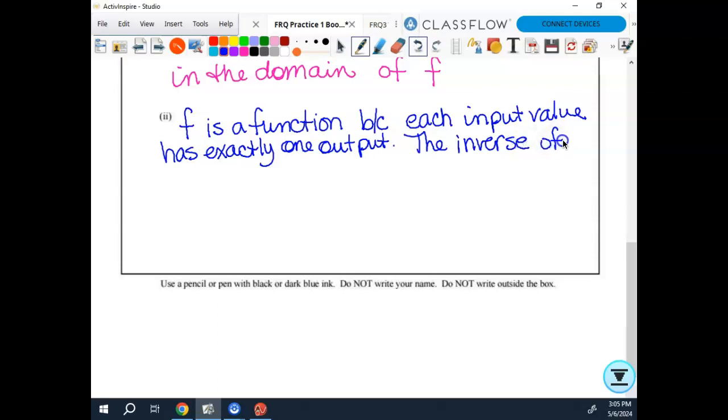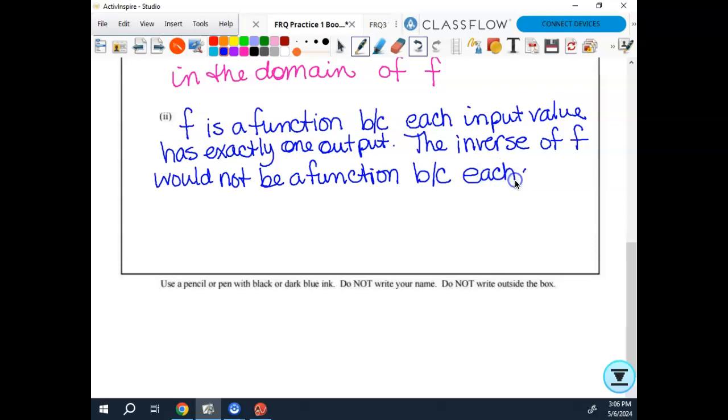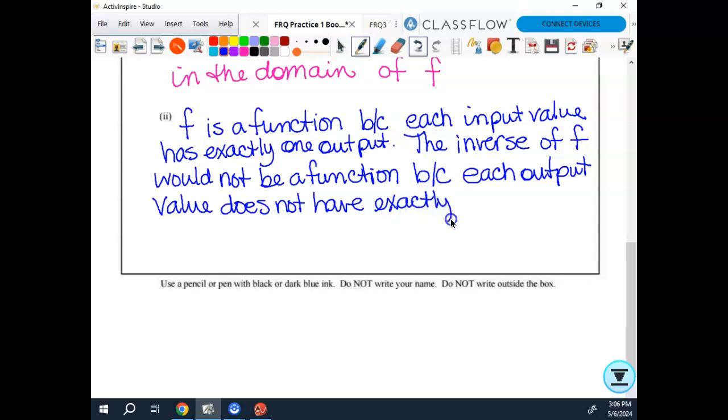Inverse of f would not be a function because each output value, see, I'm just flipping it around, each output value does not have exactly one input value.